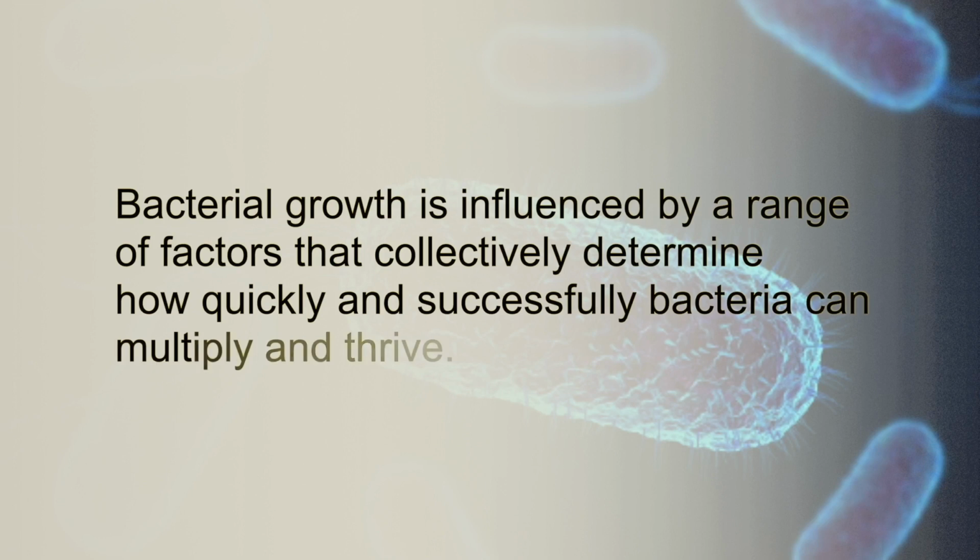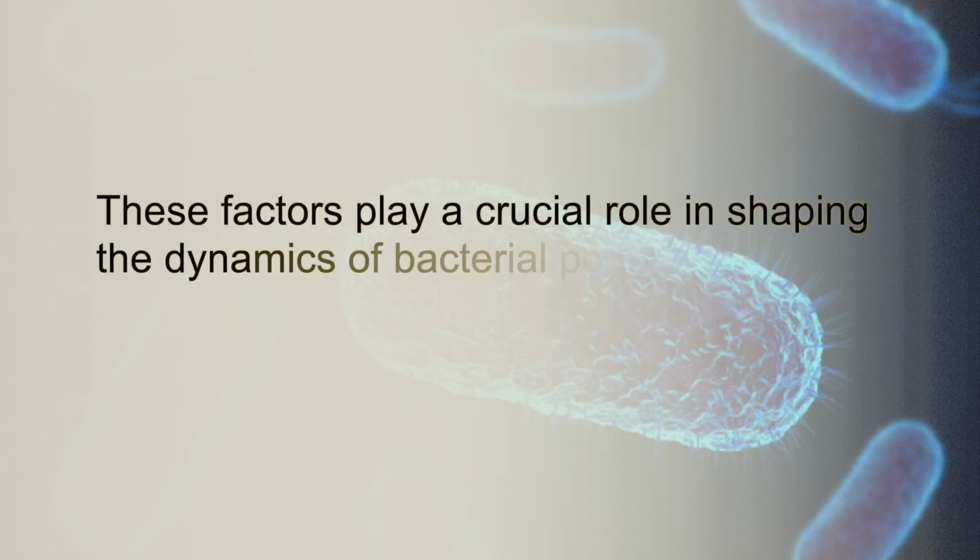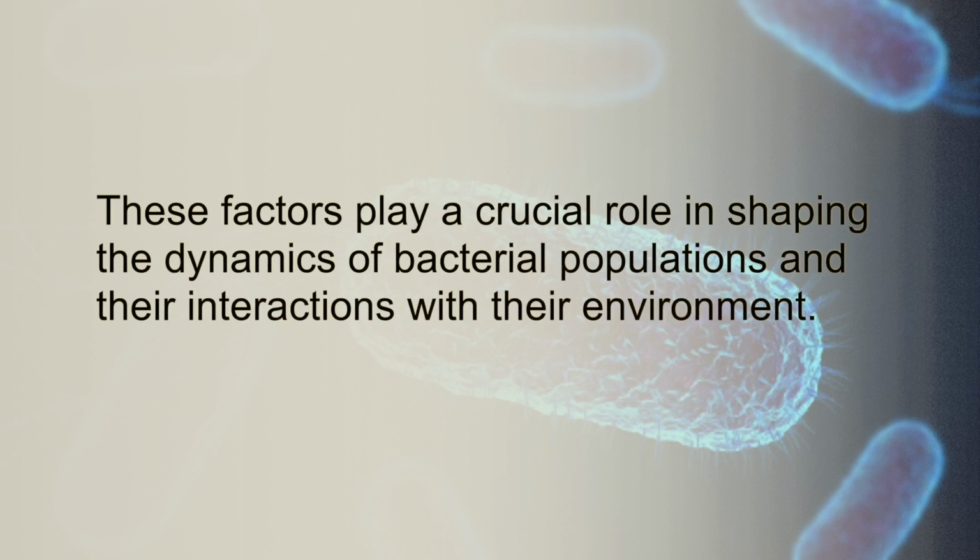Bacterial growth is influenced by a range of factors that collectively determine how quickly and successfully bacteria can multiply and thrive. These factors play a crucial role in shaping the dynamics of bacterial populations and their interactions with their environment.